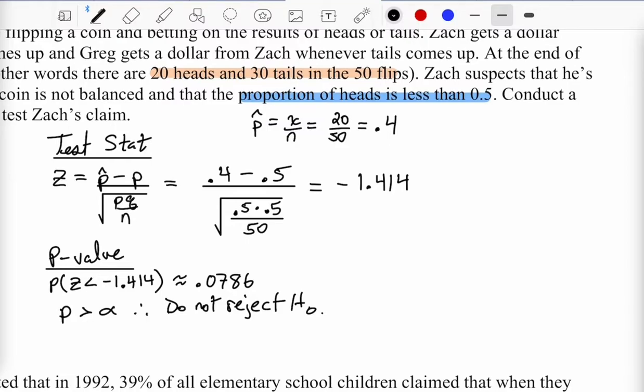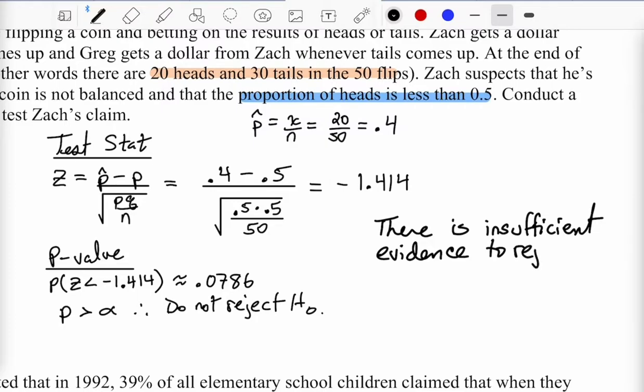So we say there is insufficient evidence to reject the claim that, and we state the null hypothesis in words.